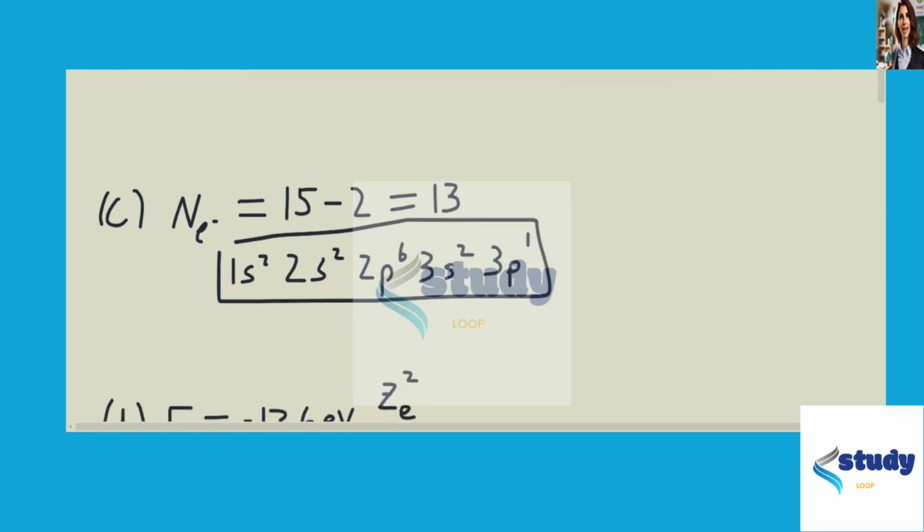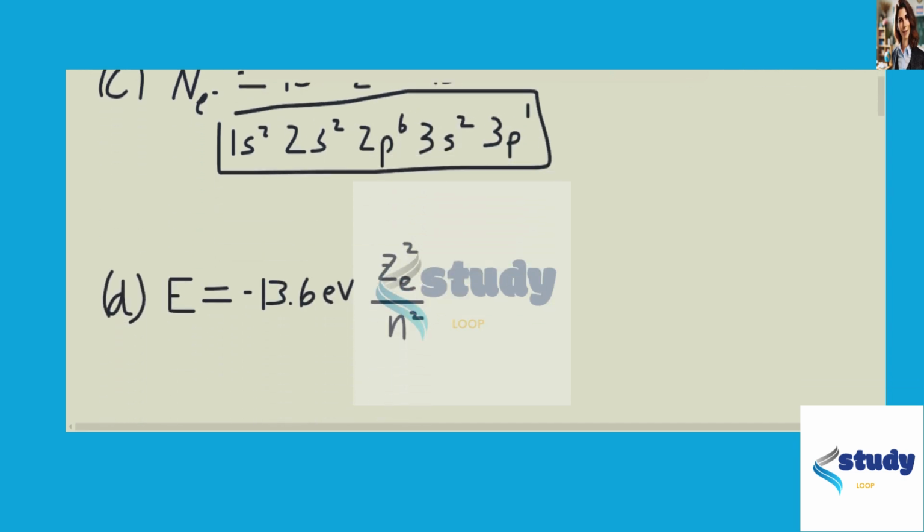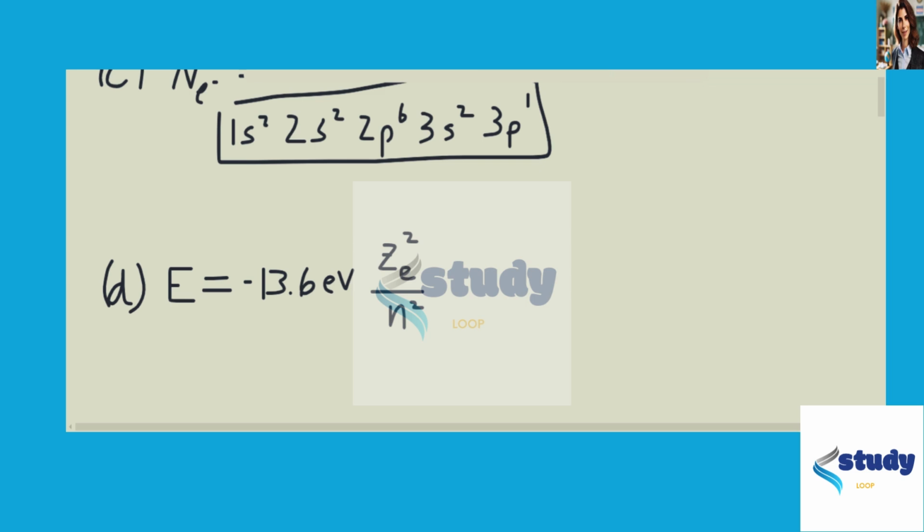Now the energy. Again here, for the least strongly bound level, Z effective is equal to 3. And also, according to the above, the highest configuration we get to is the n equals 3 configuration. So n is equal to 3. So this is negative 13.6 eV multiplied by 3 squared divided by 3 squared.